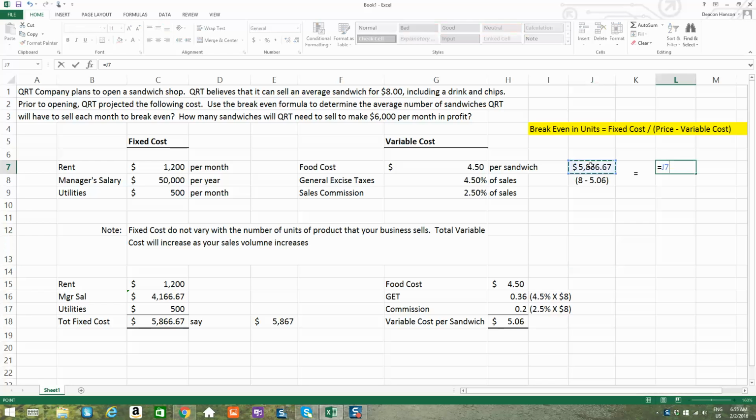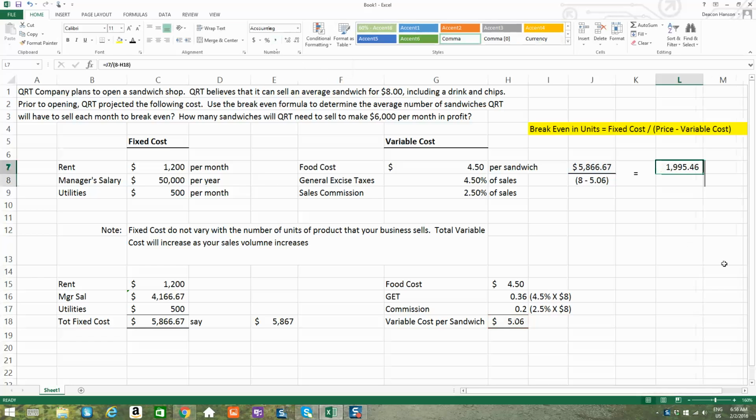So in unit terms, of course, you have to sell roughly 1,995 sandwiches, or 1,996 if you round up, because I guess you could have a half sandwich, to break even for the month.